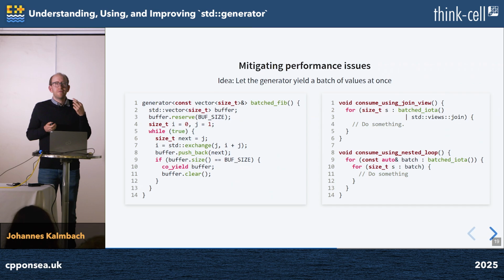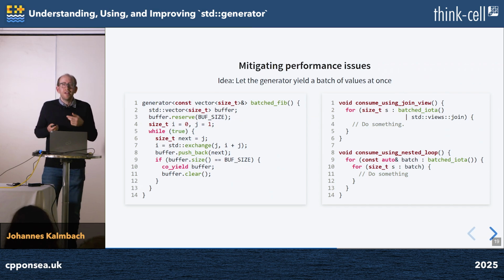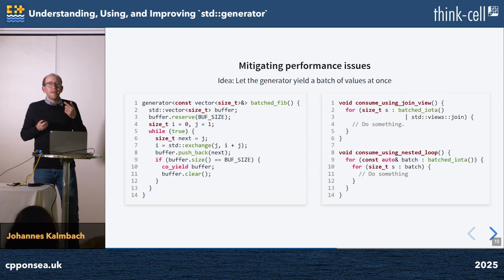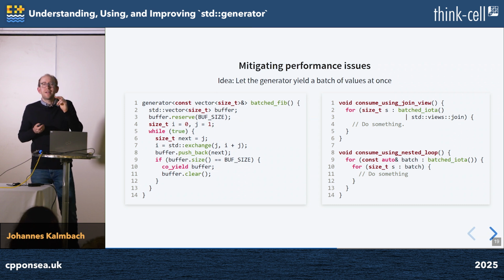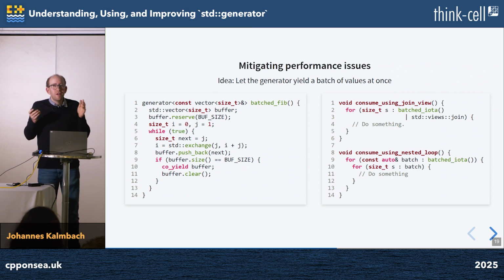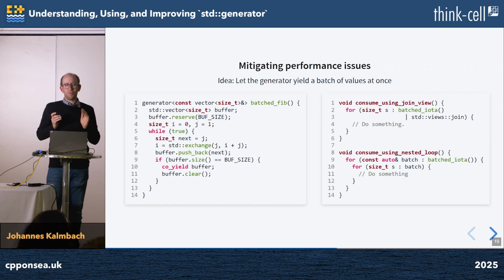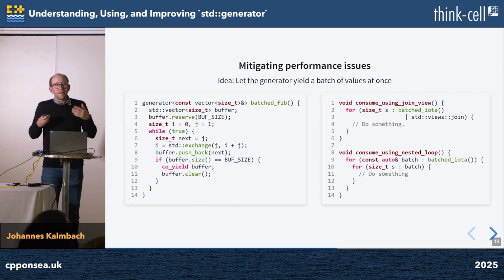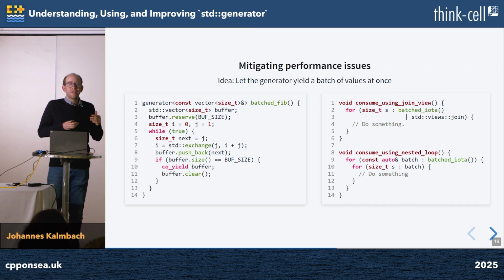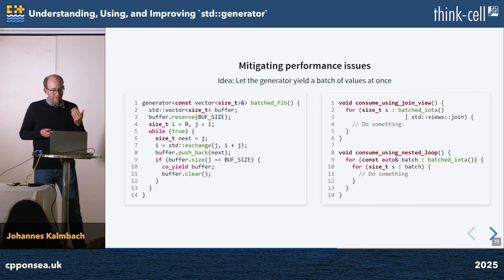If I'm yielding just integers, numeric values, then I might not yield just one of them and have the overhead per element, but I just batch some of them into a group and then yield the whole batch at once, and thus ideally only having the overhead per batch and thus mitigating it and letting it disappear.